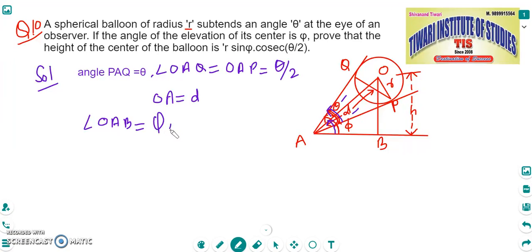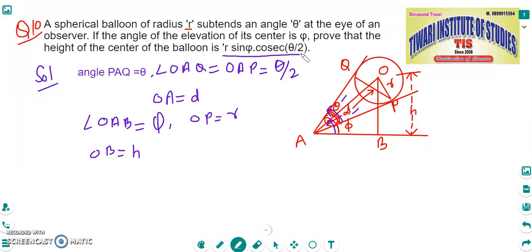I have not taken anything for granted. And the radius, that is OP, is r. This much information is always given. I have just taken the height, that is OB, as h. So exactly you need to find the value of h, that means you have to prove that h is equal to r sine phi into cosec theta by 2.